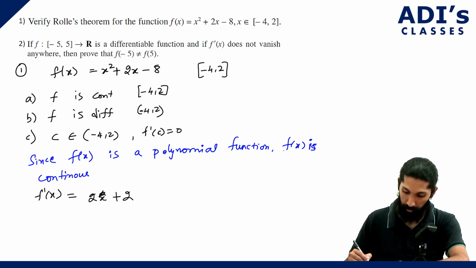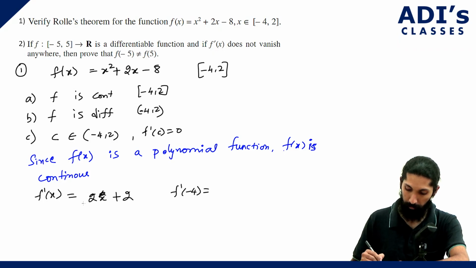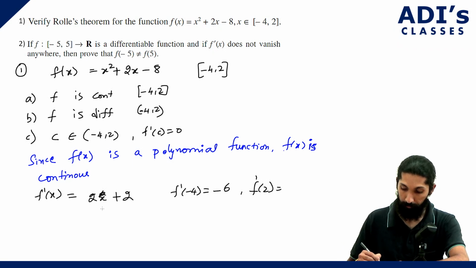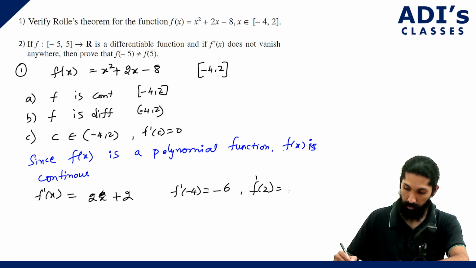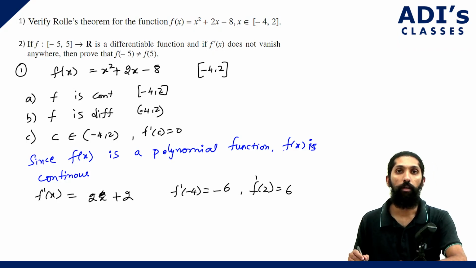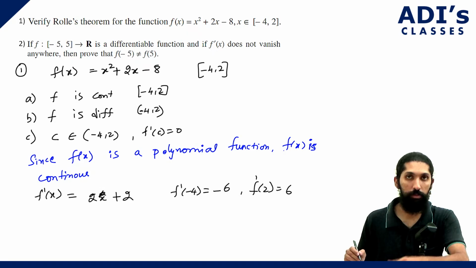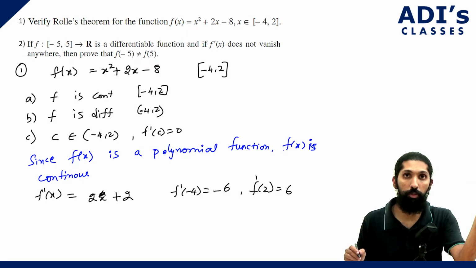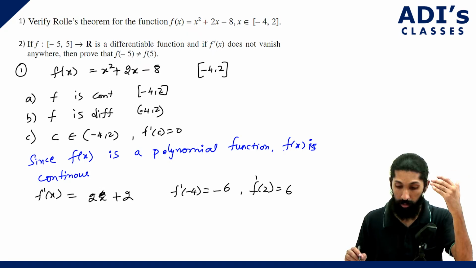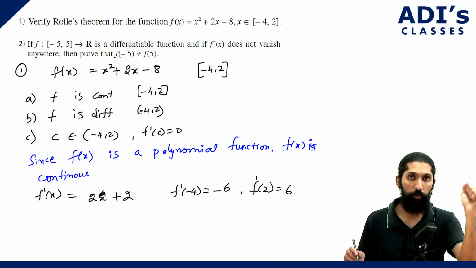Substitute, that means f dash of minus 4 is going to become minus 8 plus 2, which is minus 6, and f dash of 2 is nothing but 4 plus 2, which is 6, correct? 2 into 2 is 4, 4 plus 2 is 6. Make sense? So we have these two values. Second condition is also true, that is f dash of x is differentiable at (-4, 2).